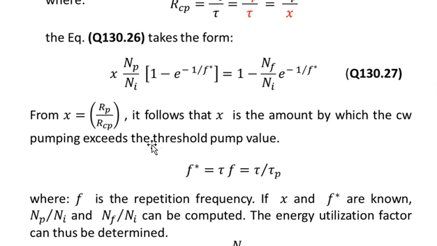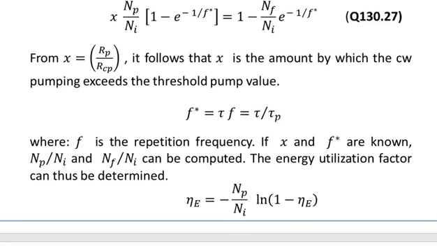If x and f star are known, it means that we can find out the other quantities also.